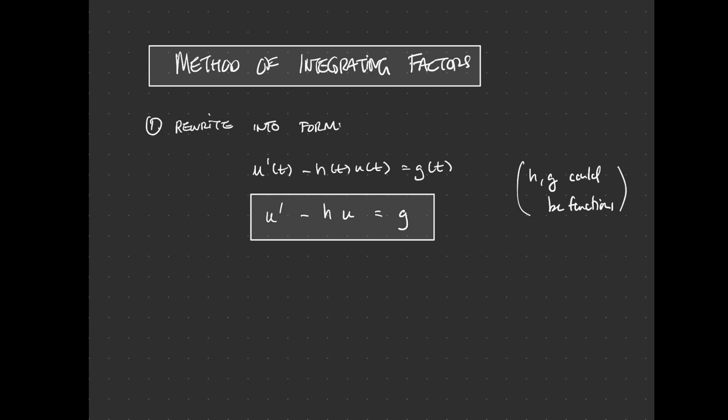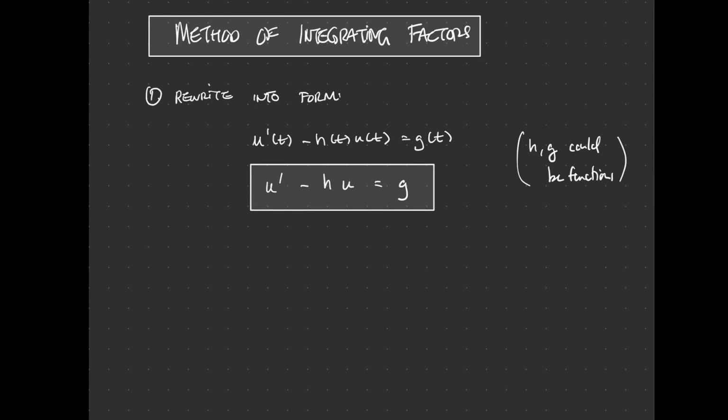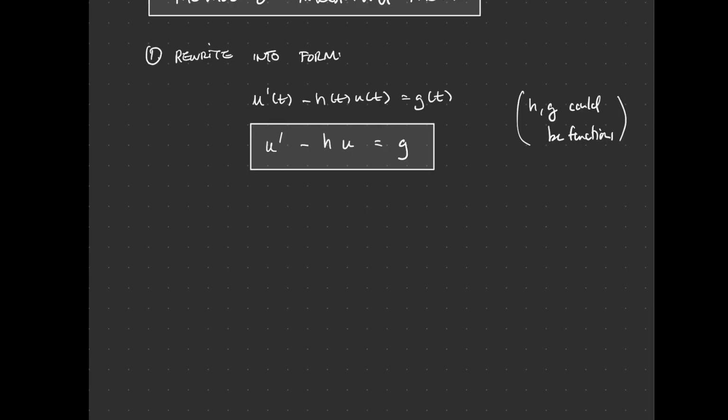A little bit of commentary here that's not tied to the method: when it's written in this form, you should start to view this over here as the system, and this over here as the input signal.